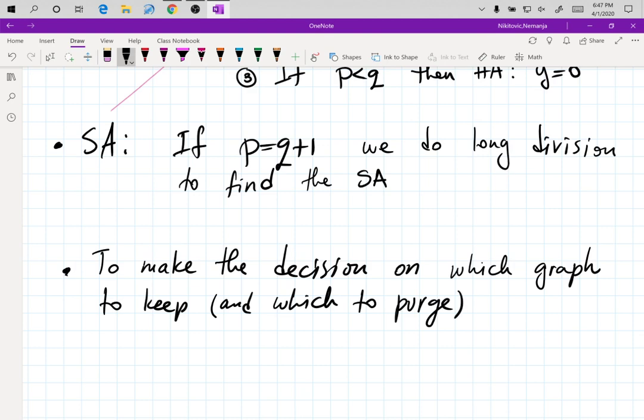I haven't used the word purge since the beginning of the semester, so there you go, I snuck it in.